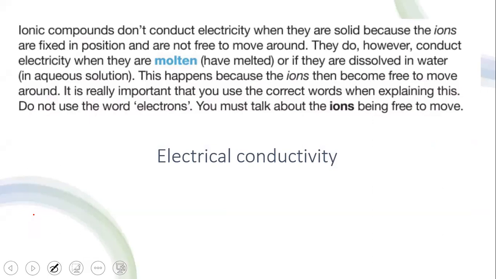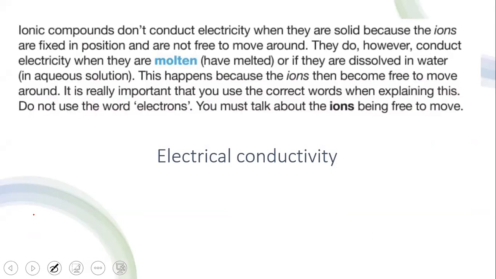Why? Because in a solid state, the ions are not free to move. That's what I told you. They are packed in their position, and the maximum they can do is vibrate around their place. That's it. So you need to have them in a molten state, or you need to have them in an aqueous state.